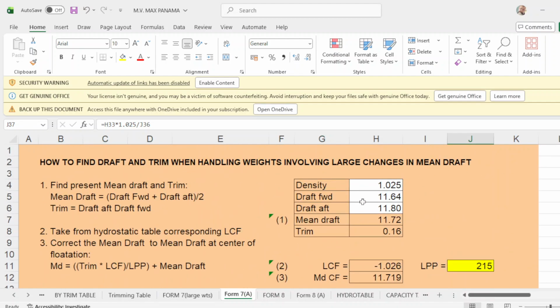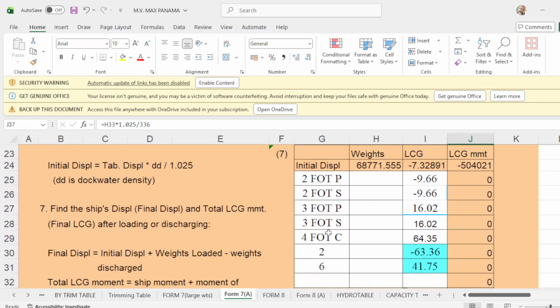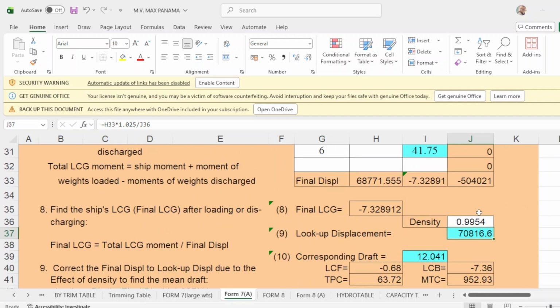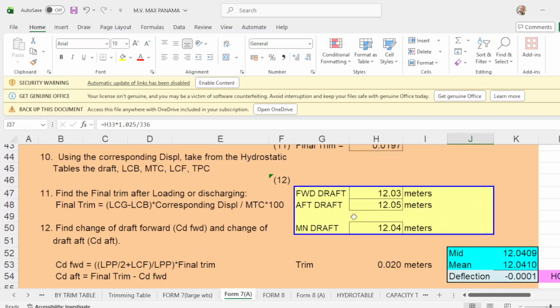You just input your initial density, your forward and aft draft. Then you have no weight here. You have no cargo to load or to discharge. Then next you just put your arrival density. Then automatically you will have your final draft plus your trim, okay, and your deflection.